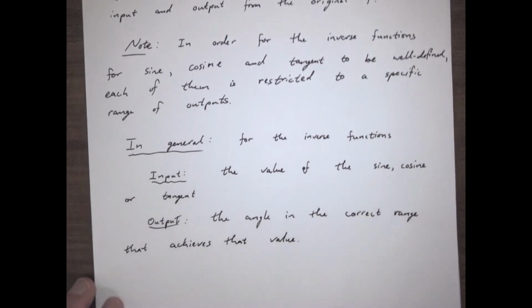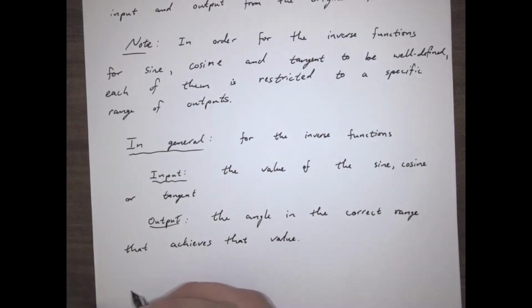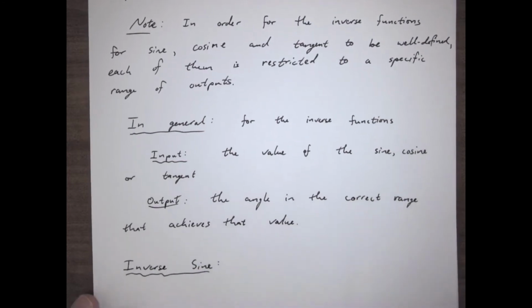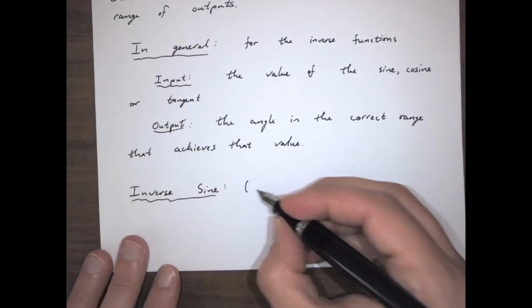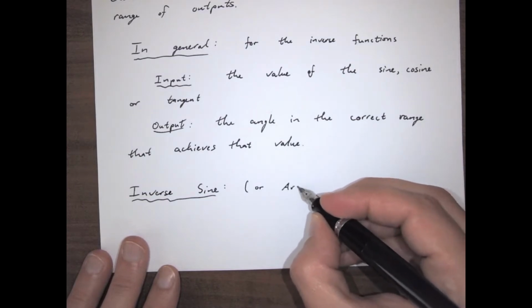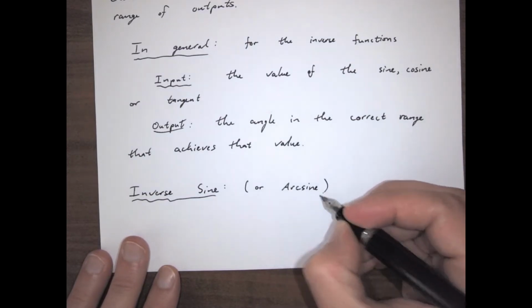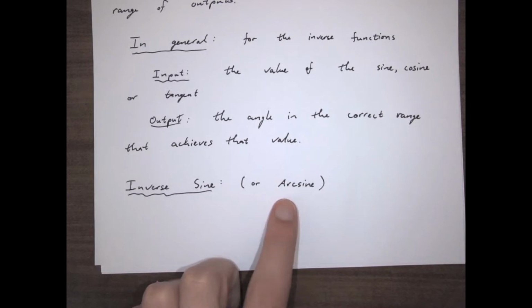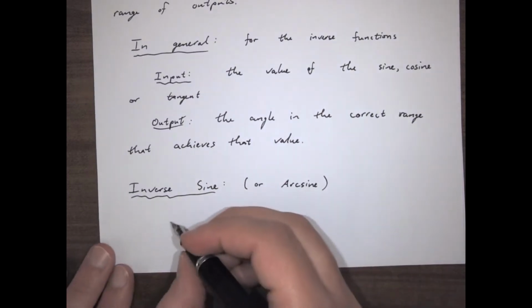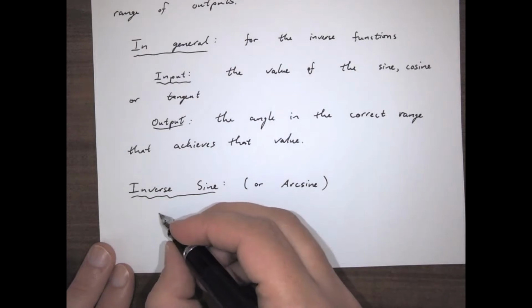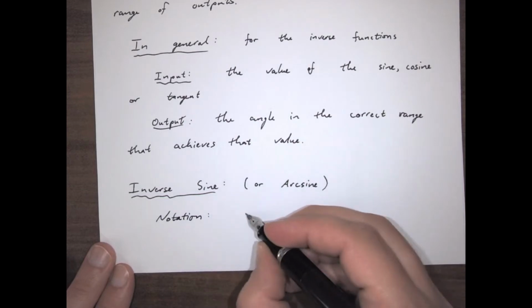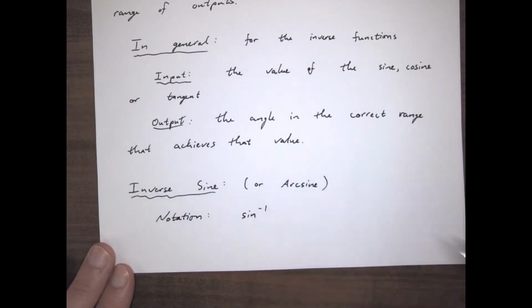Alright, so let's talk first about sine. So inverse sine. This is also called the arc sine. And that's the way you'll see it frequently in calculus courses, is as the arc sine formulation. We write the notation sine inverse, written like that.